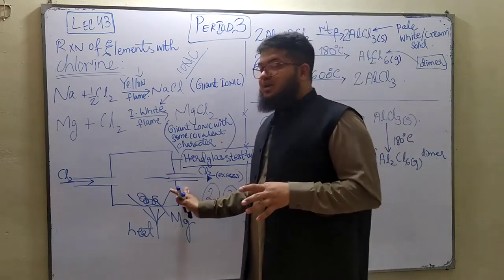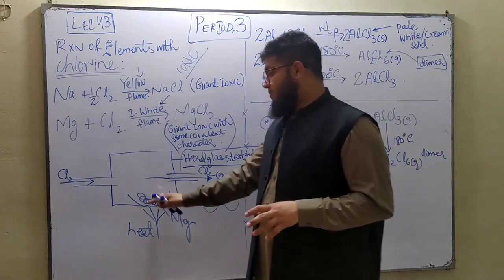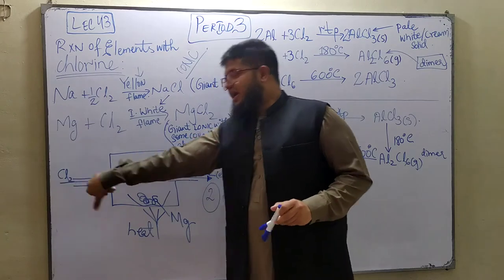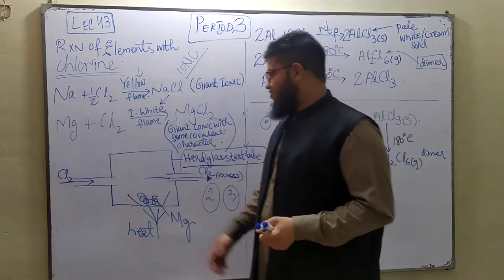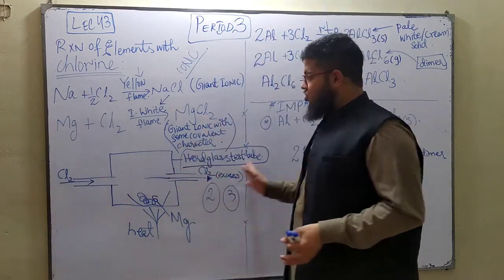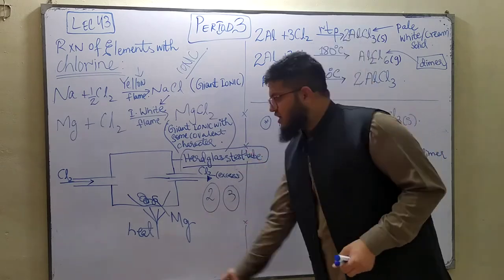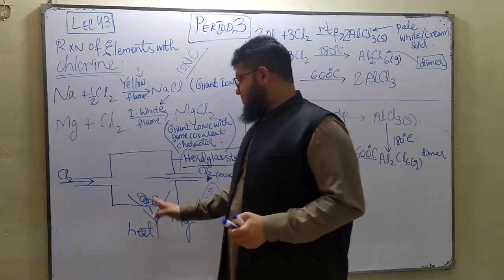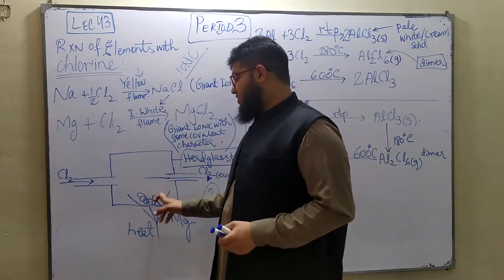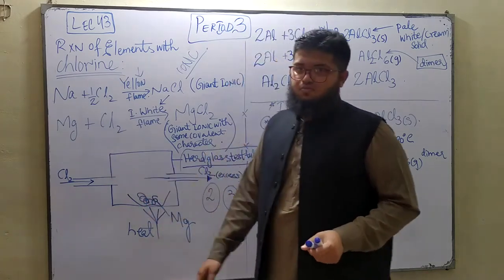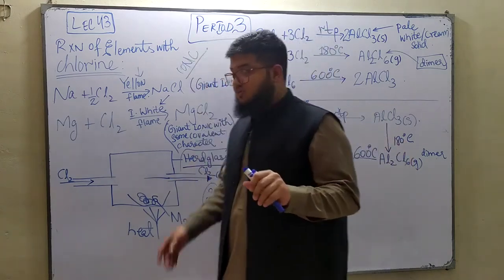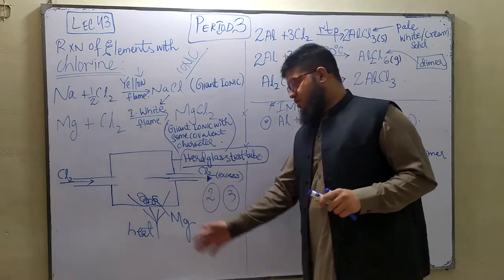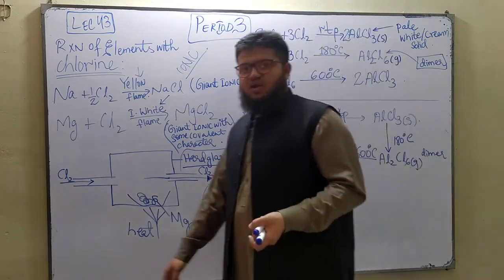Now in this hard glass test tube, you put some metal. It can be magnesium, it can be sodium, it's up to you, and from one side you allow chlorine gas to pass, and from the other you allow excess chlorine to leave. You heat this test tube from the bottom on this metal. So this metal will react with the chlorine and form sodium chloride or magnesium chloride, whichever you want to do.